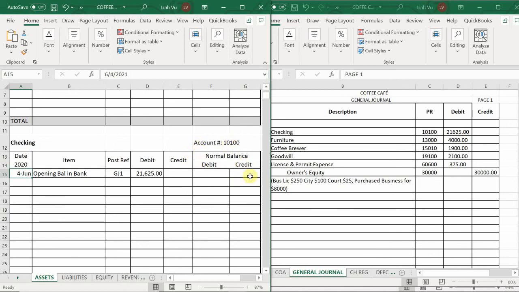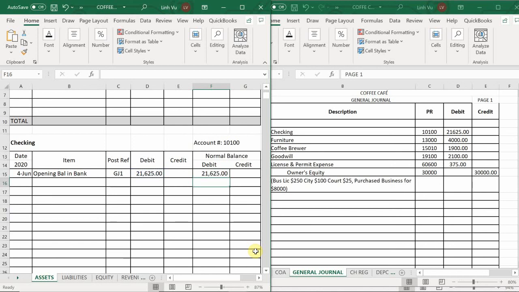In this case, I debited my account. So if I started at 0 and I add a debit, what's my balance going to be? It's going to be on my debit side because I'm increasing my checking on the debit side.